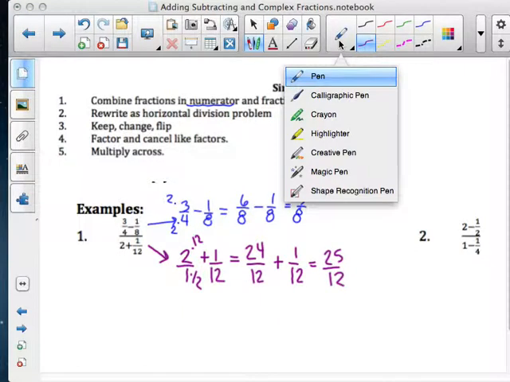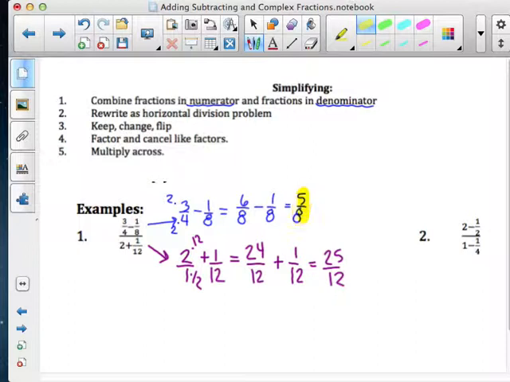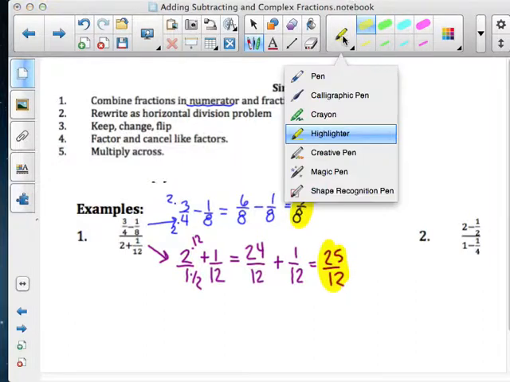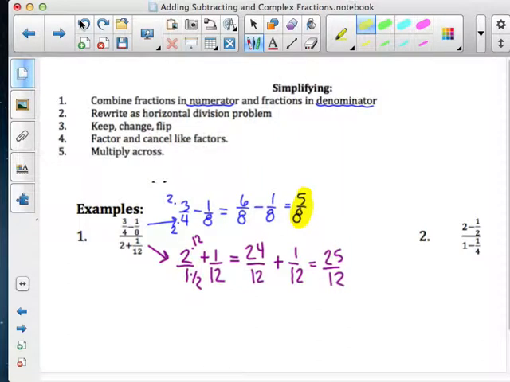Now I'm going to take my two answers, 5 over 8 and 25 over 12, and I'm dividing them because this is my numerator and the other is my denominator. Actually, I'm going to do some different colors. Okay, there's my numerator, there's my denominator. So that's that part, and the top is my yellow part here. So I'm going to divide them.